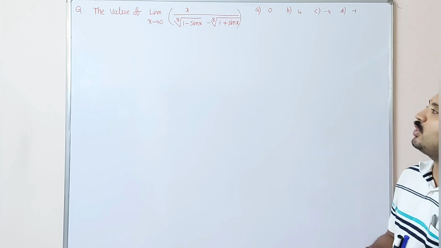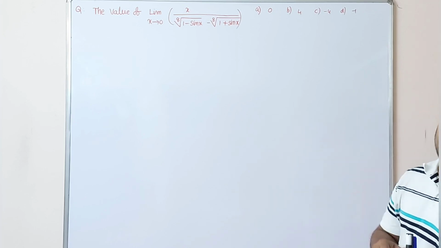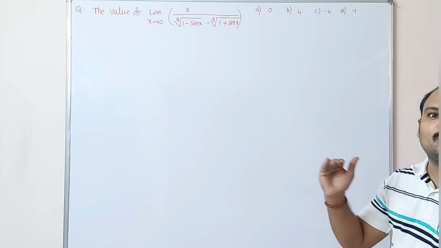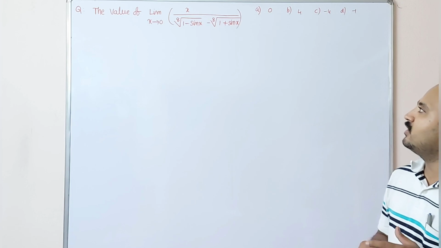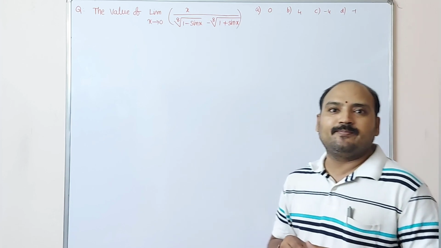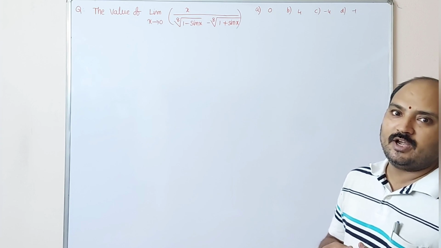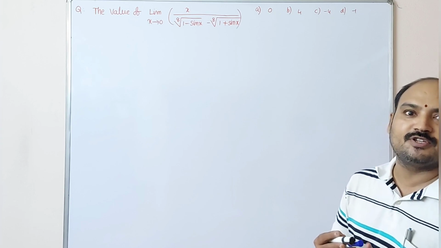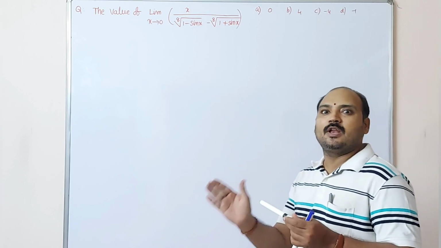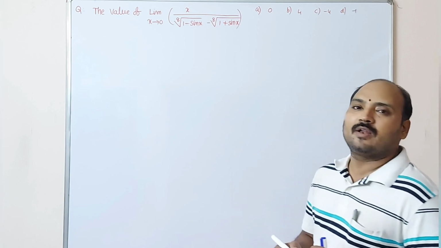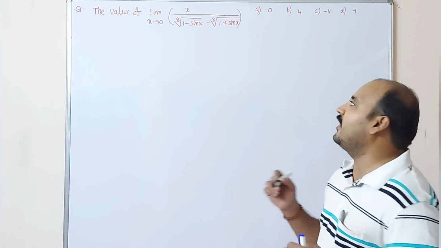X is equal to 0 if you substitute in the given limit, it will become indeterminate form, 0 by 0 form. So what we are going to do is, if you apply L'Hospital rule, differentiate numerator and denominator, and then apply the limit, you will get the required answer. It is the easy way.